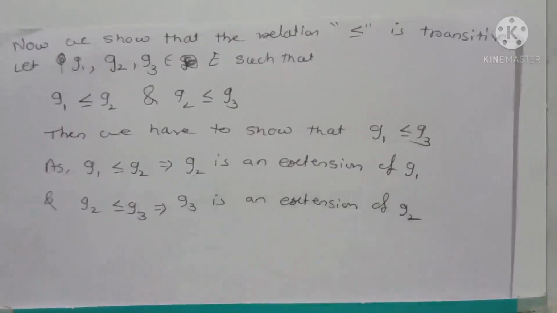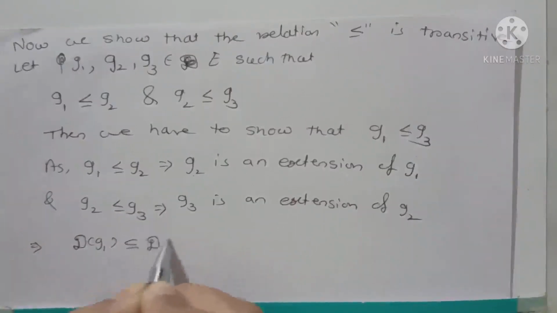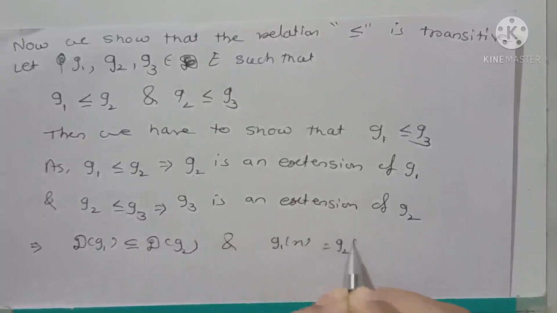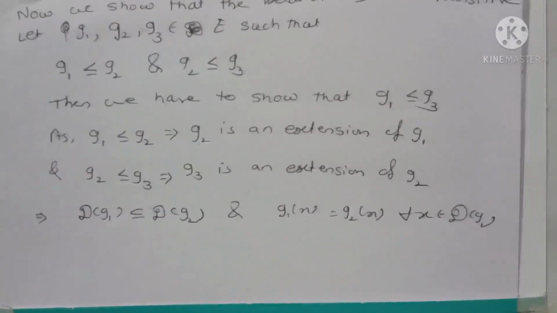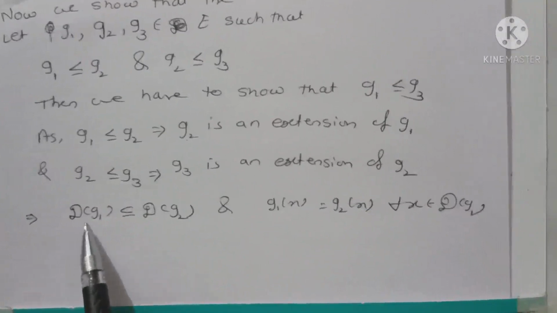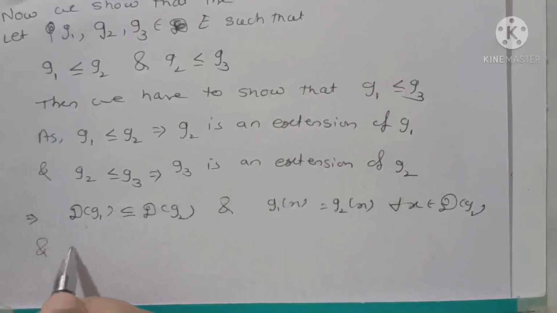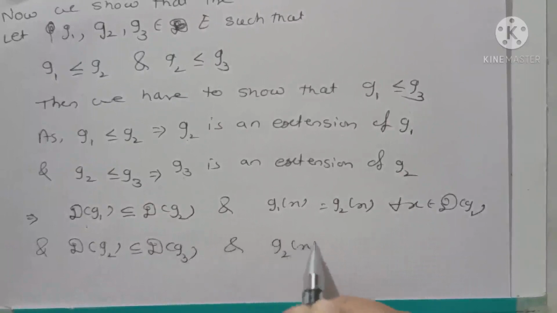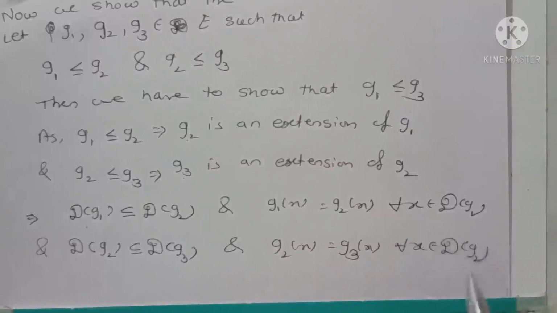G2 is an extension of g1 implies that the domain of g1 is a subset of the domain of g2, and g1(x) equals g2(x) for all x belonging to the domain of g1. That is the meaning of g2 being an extension of g1. In the same way, g3 is an extension of g2. This implies that the domain of g2 is contained in the domain of g3, and g2(x) equals g3(x) for all x belonging to the domain of g2.